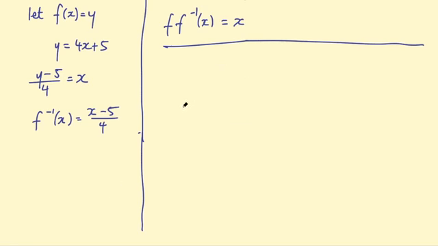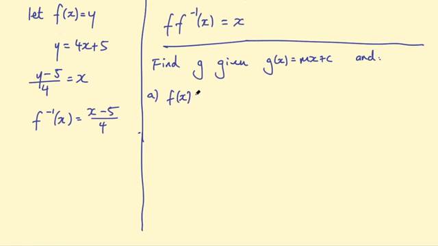And lastly, you can get questions such as this one. So it might say find g given g equals mx plus c and the function f equals 2x plus 3 and f of g equals 6x plus 7.